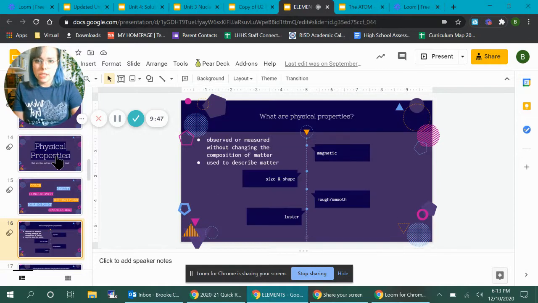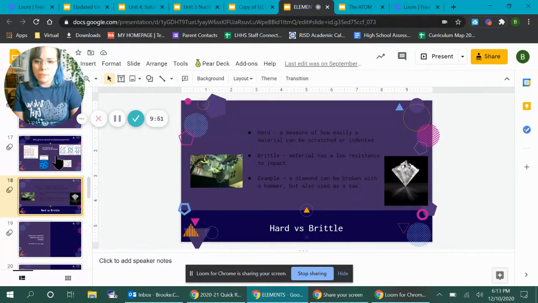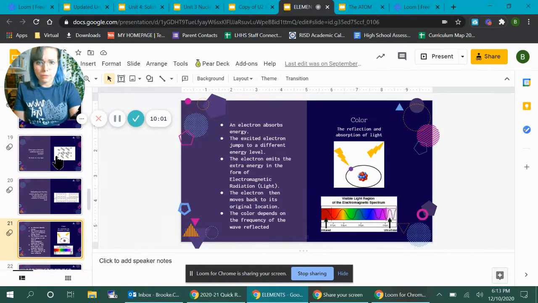Okay, physical properties. I already kind of went over that. Remember that density equals mass divided by volume. Malleable and ductile, I said those, so the nuclei can kind of slide past each other because those electrons are still keeping them together. Color is reflection and absorption of light.